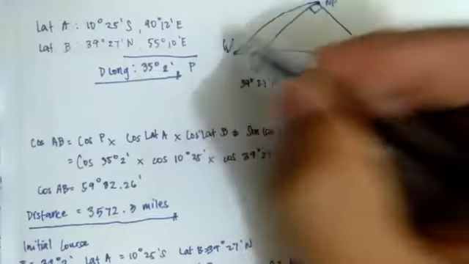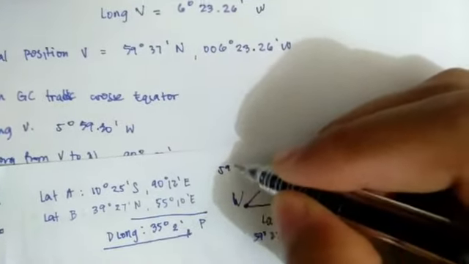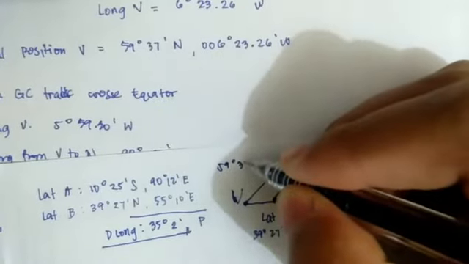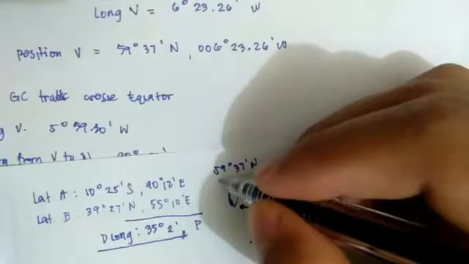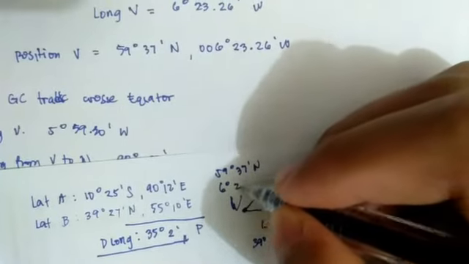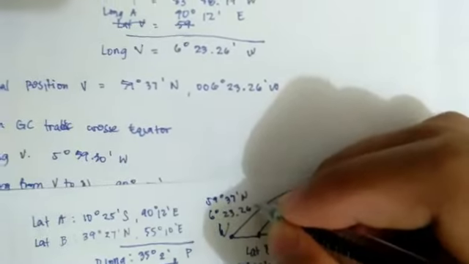The position of our vertex is 59 degrees 37 minutes north and 6 degrees 23.26 west.